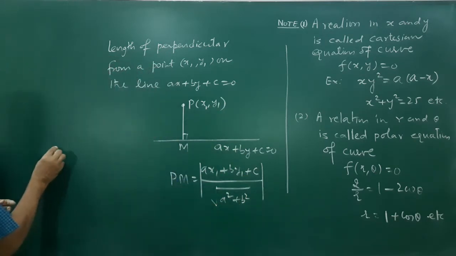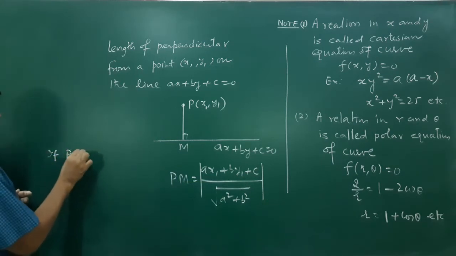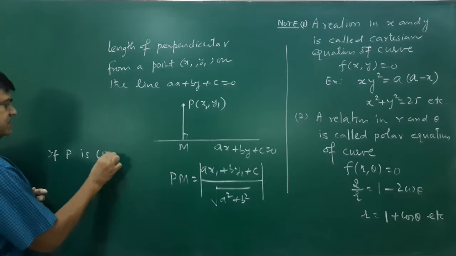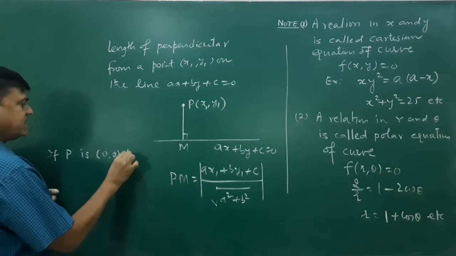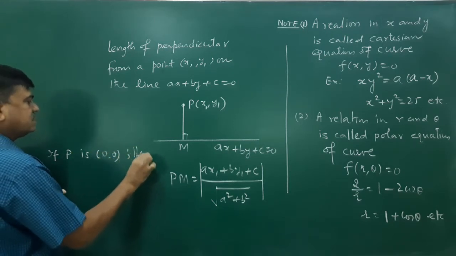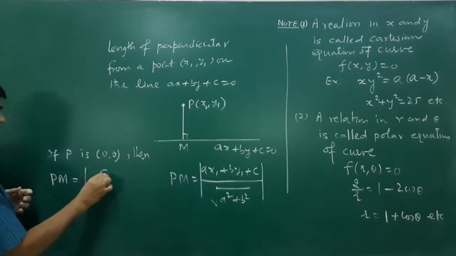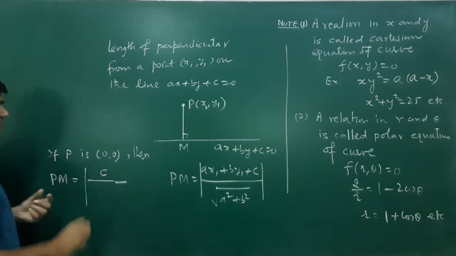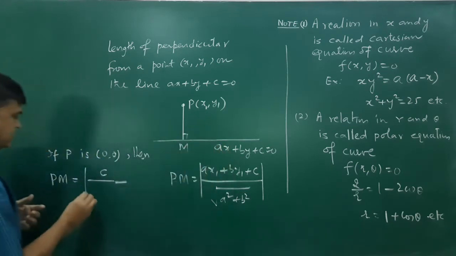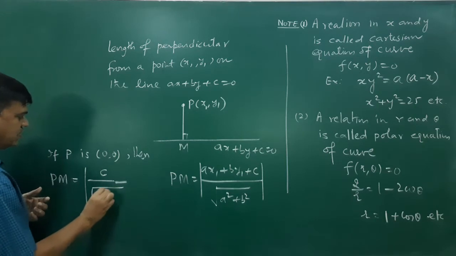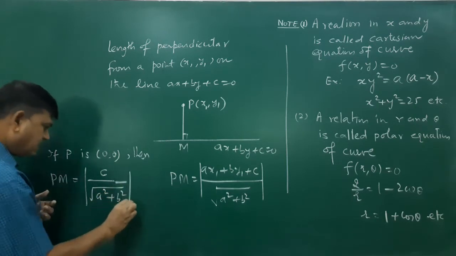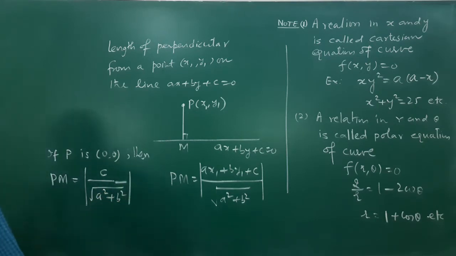If P is origin 0, 0, then PN will be c upon under root a square plus b square. Okay.